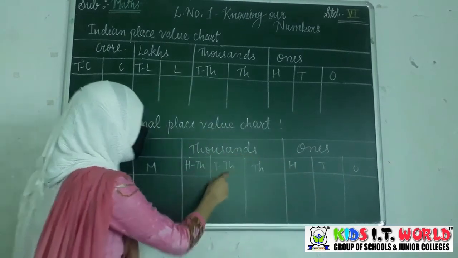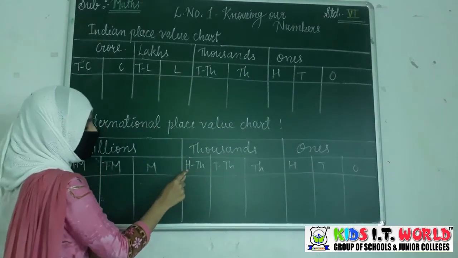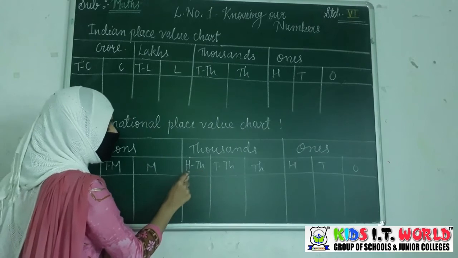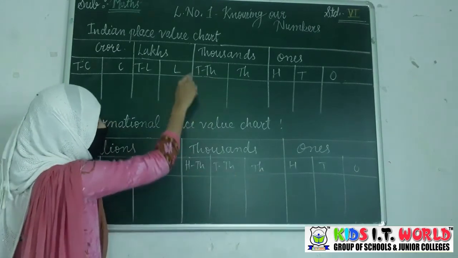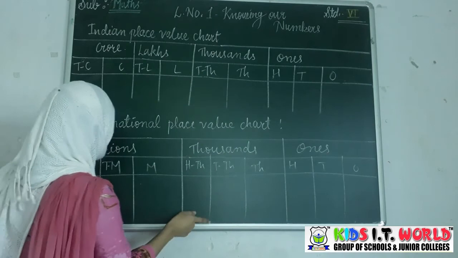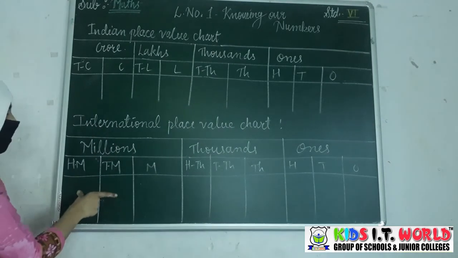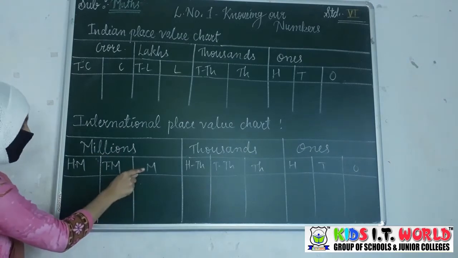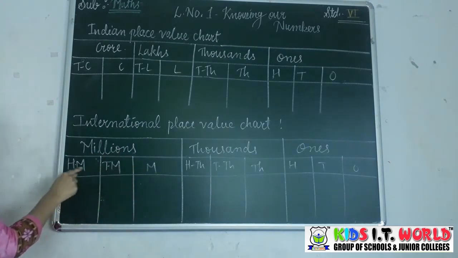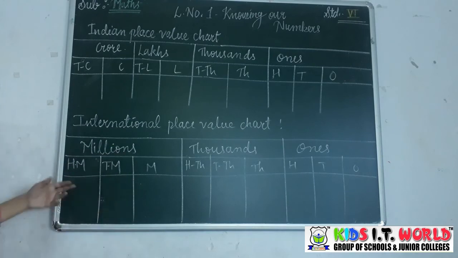In the thousands, only one column is added here, that is HTH, meaning 100,000. 1000 and 10,000 columns are the same as the Indian place value chart. Now the separate period here is millions. M stands for million, TM for 10 millions, HM for 100 millions. So this column is a little bit different from the Indian place value chart.